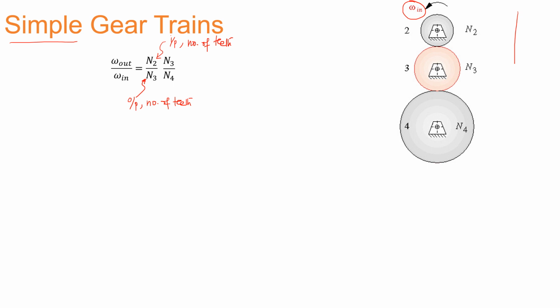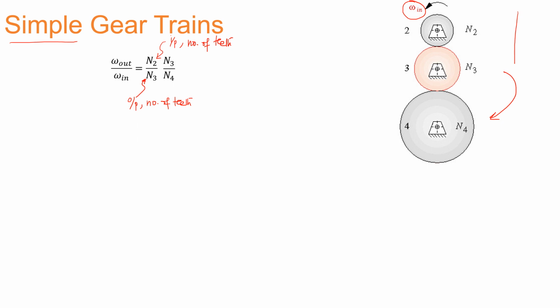If we add this gear number 4 into the system, this is going to add a bit of complexity, and that is just like in the expression you have added N3 over N4 to the previous expression, which is obviously in a similar scenario, the number of teeth on the input gear, which is now gear number 3, over the number of teeth on the output gear, which is now N4.